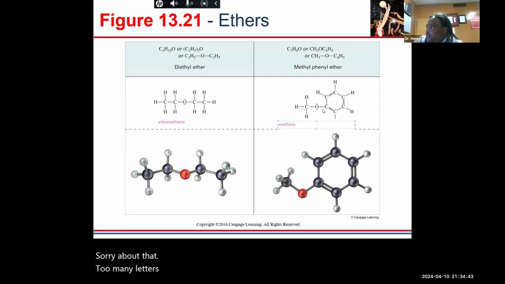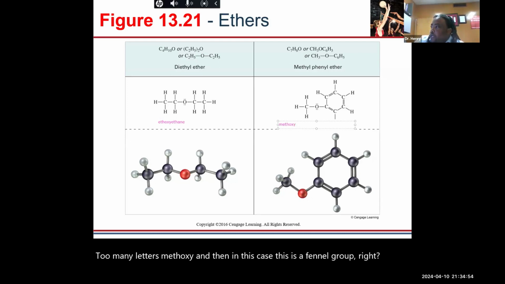Methoxy, and then in this case, this is a phenyl group, right? Its common name is benzyl, so it would be called benzene.